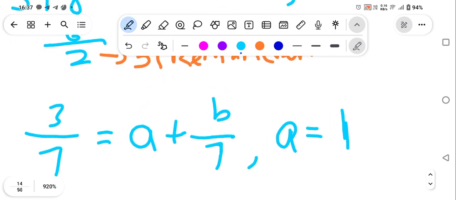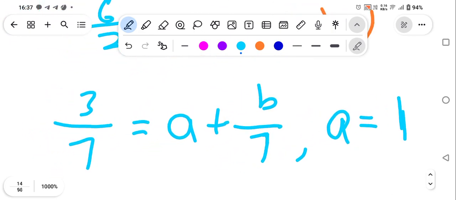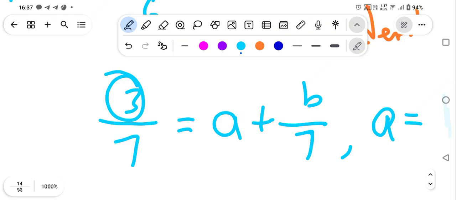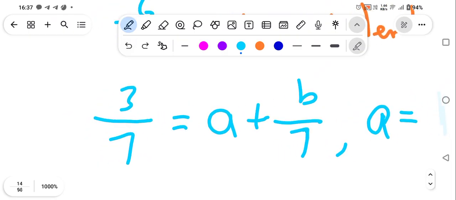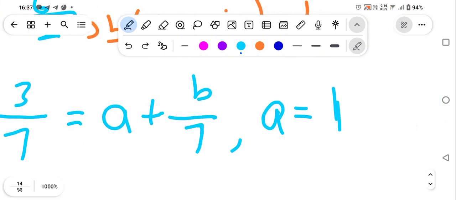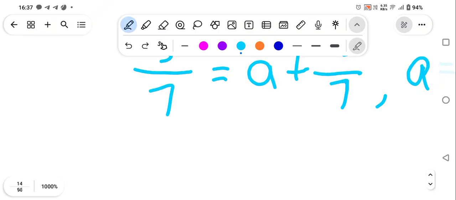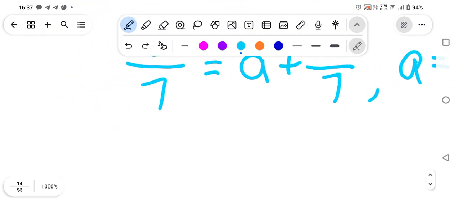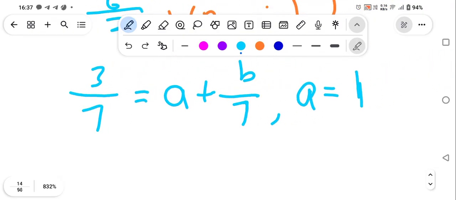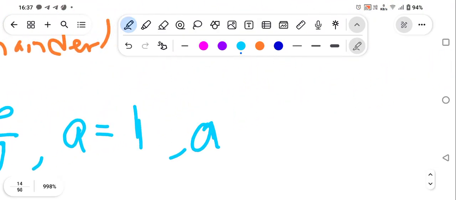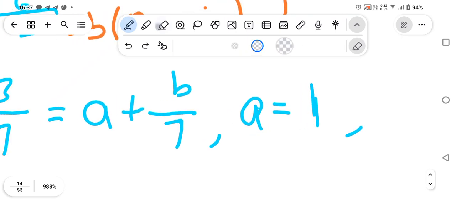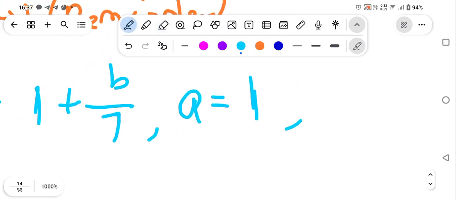This might look absurd, because how can we split 3 into an integer if there's not even enough terms to split with? It's okay. We're going to make this a 7. Let's solve for a and b. We just solve for a, so a is 1. We're just going to solve for b.